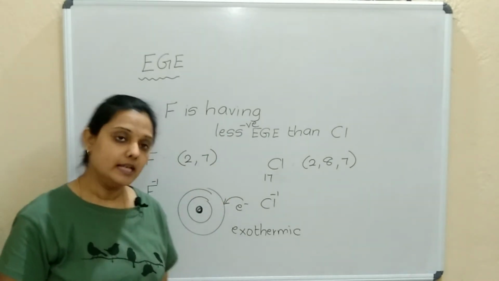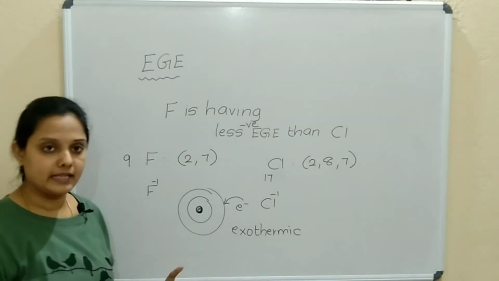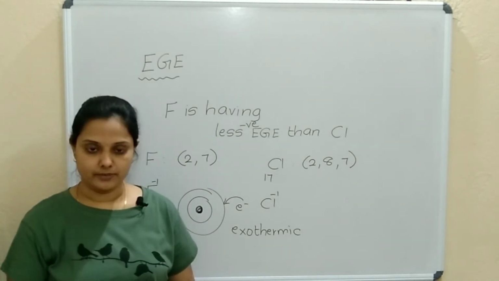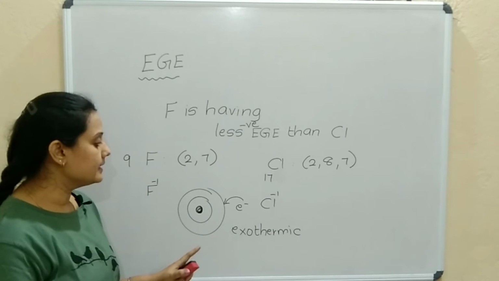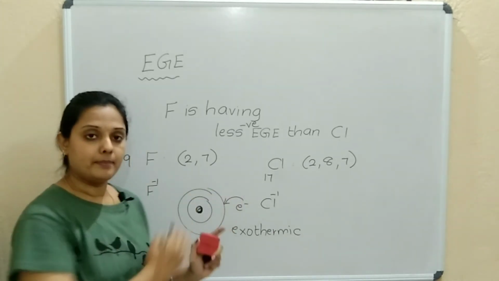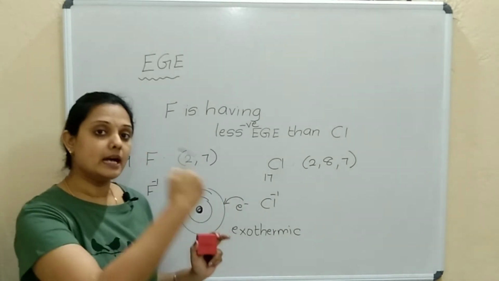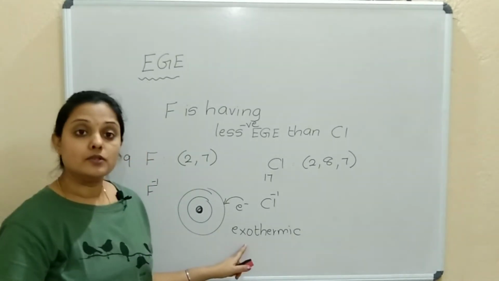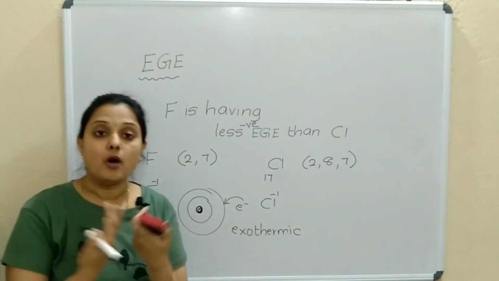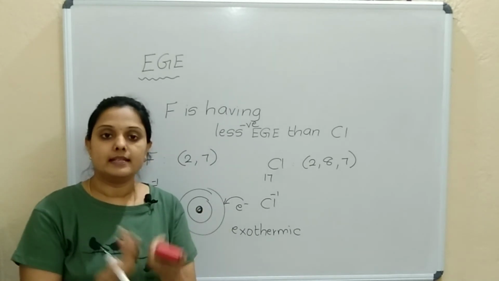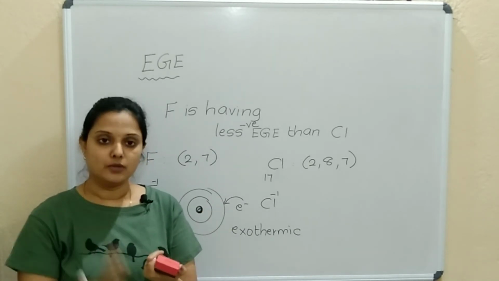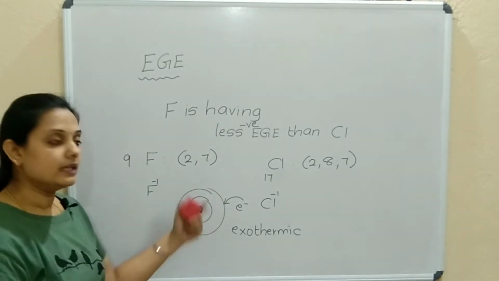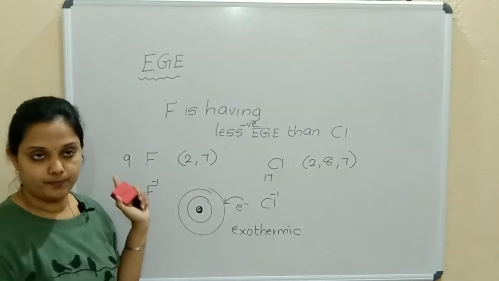So that is the reason for the negative sign. The first reason is it gains an electron and becomes negatively charged, and the second reason is attraction between the nucleus and the incoming electron. Therefore it is exothermic, negative.